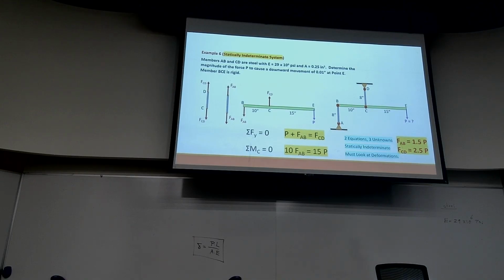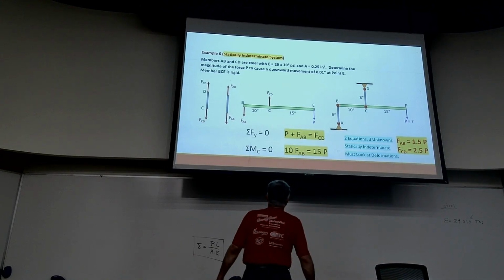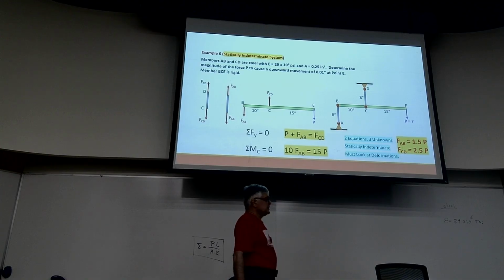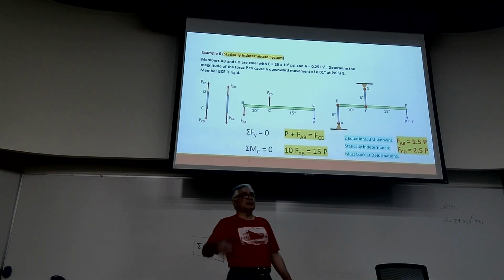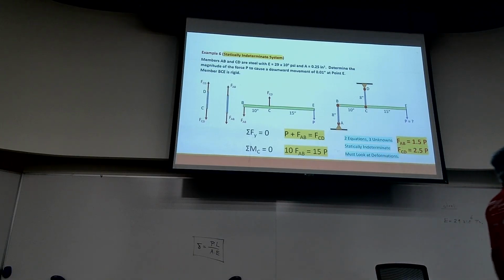So we need to make free body diagrams, which are going to be very simple for the vertical members. They are just in tension, both of them. So if you pull down at this point here, then this is going to stretch a little bit, and this point B is going to move up, so this is going to stretch also.